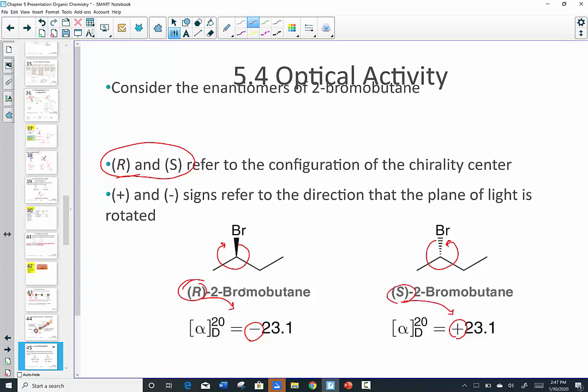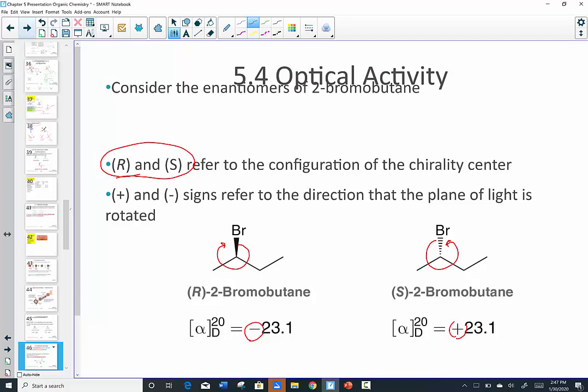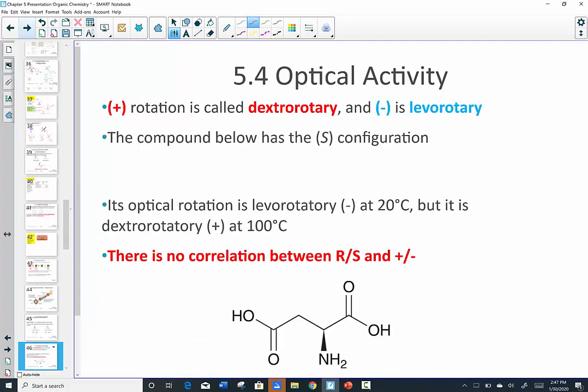There's no correlation. So every time, we have to test in the lab with a polarimeter to decide if the configuration will spin positive or negative. And we should know these vocabulary words as well. Know these: dextrorotary is the positive rotation and levorotary is the negative rotation.